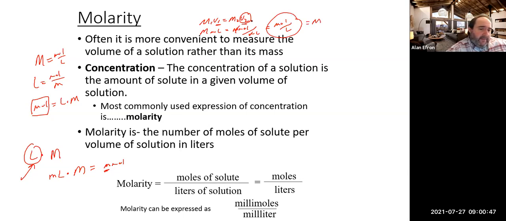So a reminder, if you use the dilution equation, you don't necessarily have to convert to liters. You can, but you absolutely should convert to liters if you're using just volume and molarity by itself. Any questions on that there? All right, so we will leave it there.